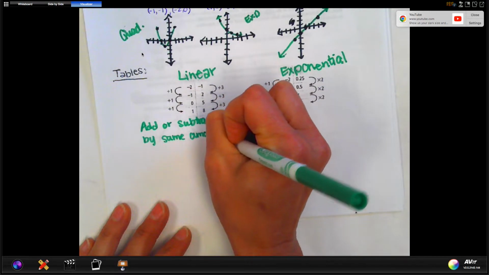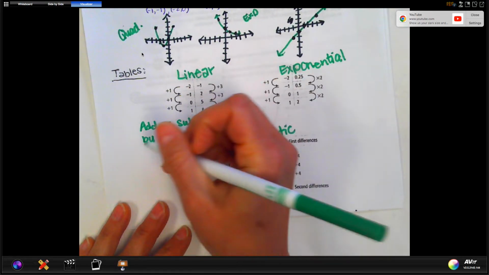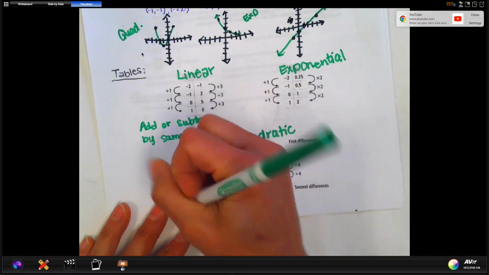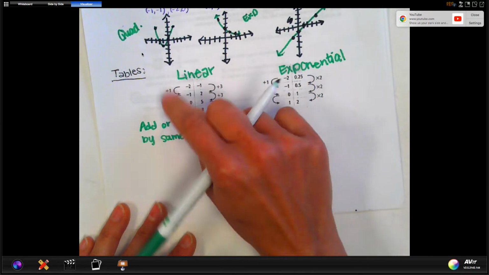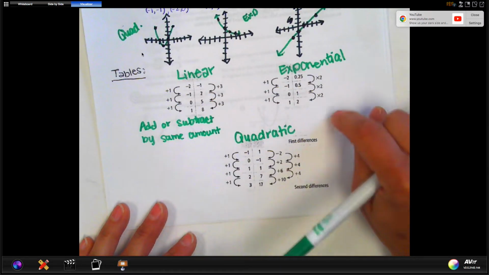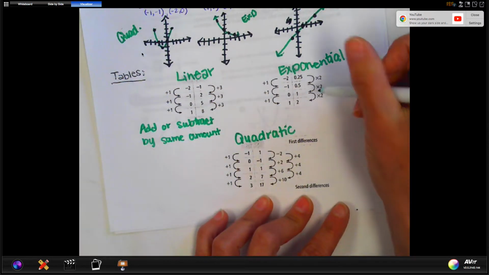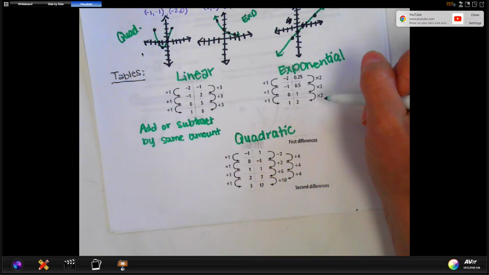And remember, your change in y over your change in x is your slope: y2 minus y1 over x2 minus x1. In your exponential, this is multiplying by 2 each time, but what else can exponential do? Divide by the same amount each time, or multiply by a fraction.